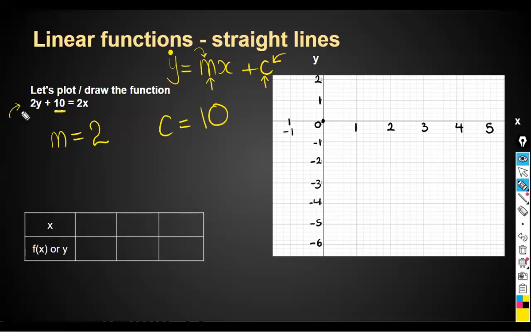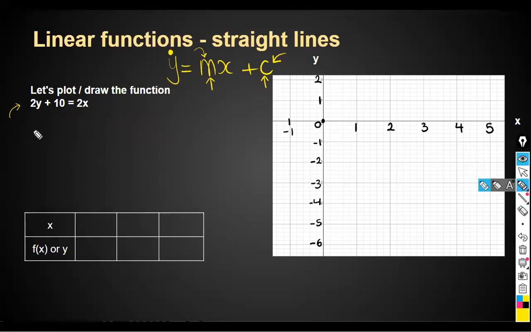Is that the case here? Is y the subject? Yes or no? Is y the subject at the moment in our current question? No, right? So the answer is no. So you cannot extract your gradient and y-intercept. You might be tempted to do it, but it's going to be wrong.